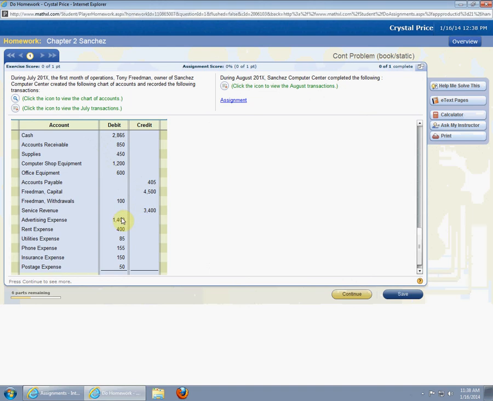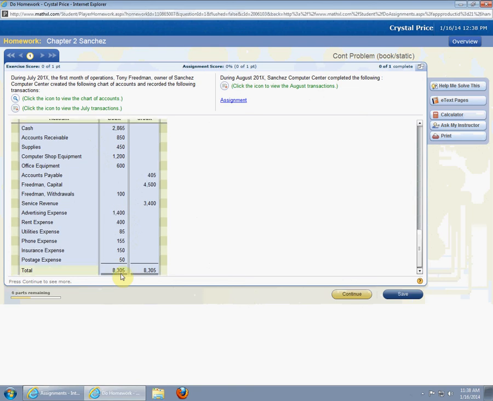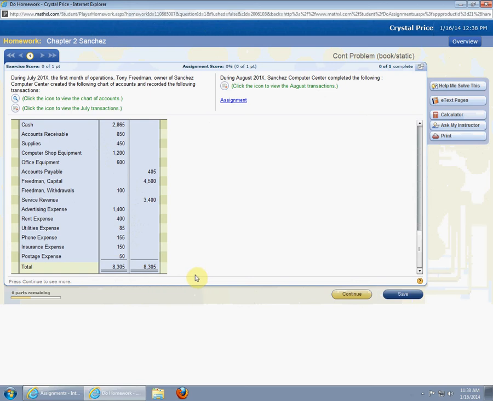The remaining ones are debits: $1,400 for advertising expense, rent $400, utilities $85, phone $155, insurance $150, postage $50, and then we would add, and each of them would equal $83.05. So are we ready to continue to the next step?